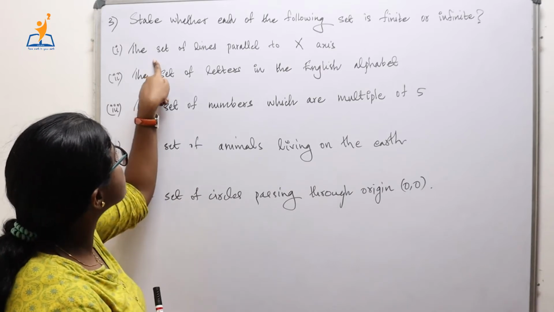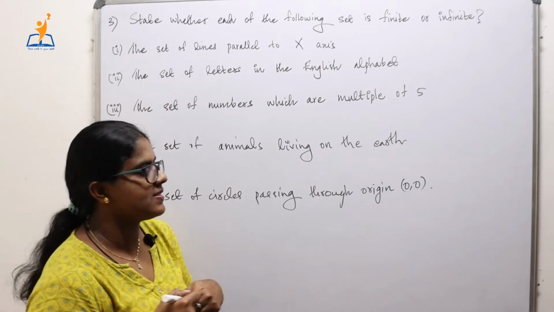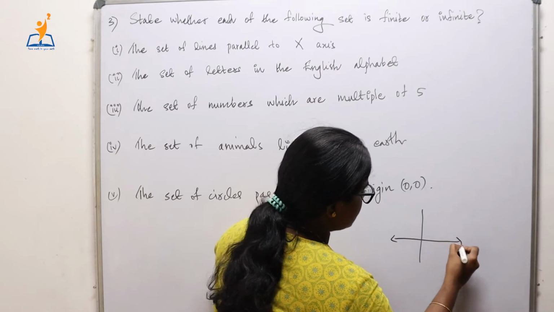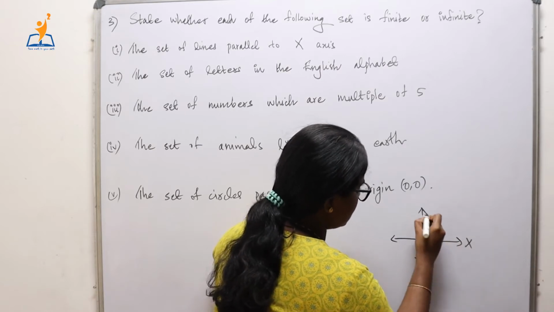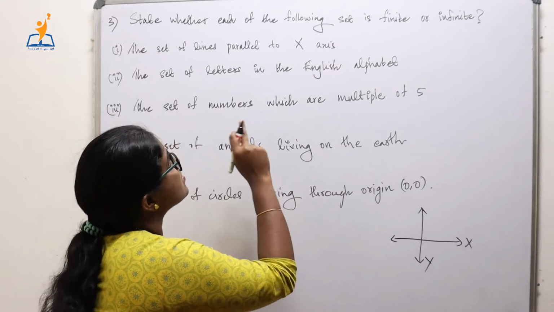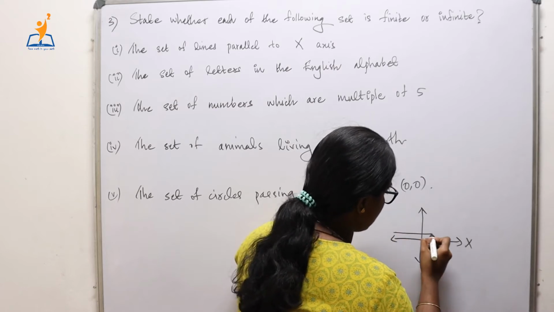The first subpart is the set of lines parallel to the x-axis. We know this is the Cartesian system. This is our x-axis and this is the y-axis. And we are asked to check whether the set of lines parallel to the x-axis is a finite set or not.